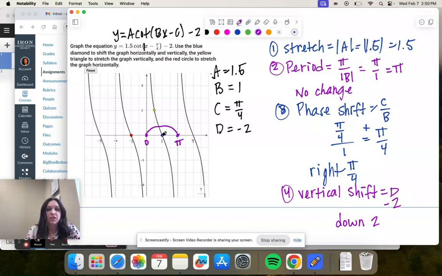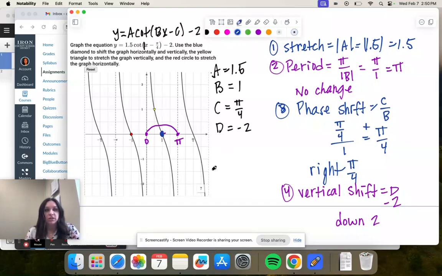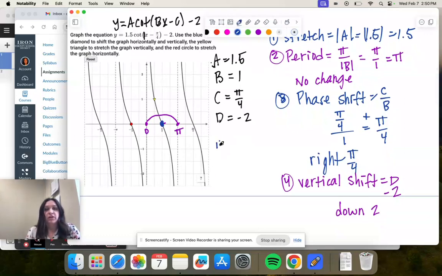And what's going to happen is I'm going to move this dot, this blue one, see how it's at pi halves right now? I want to move it over pi fourth. So if you're not sure what you're looking for, take pi halves, and then let's add pi fourth and see where that takes us.